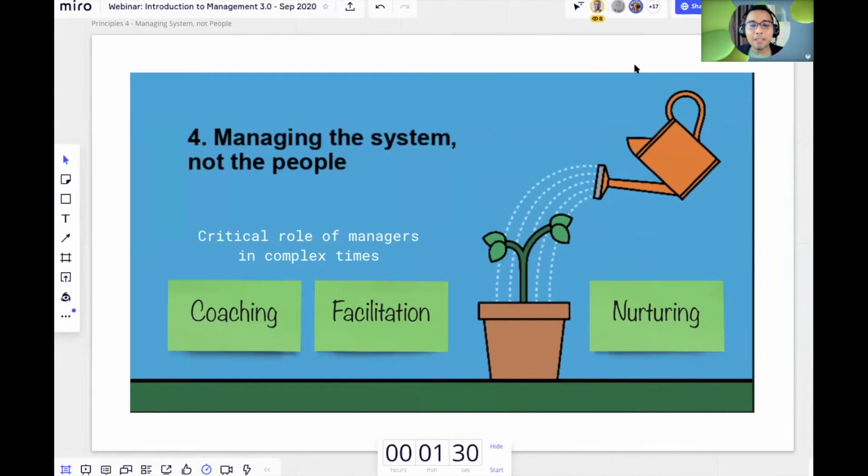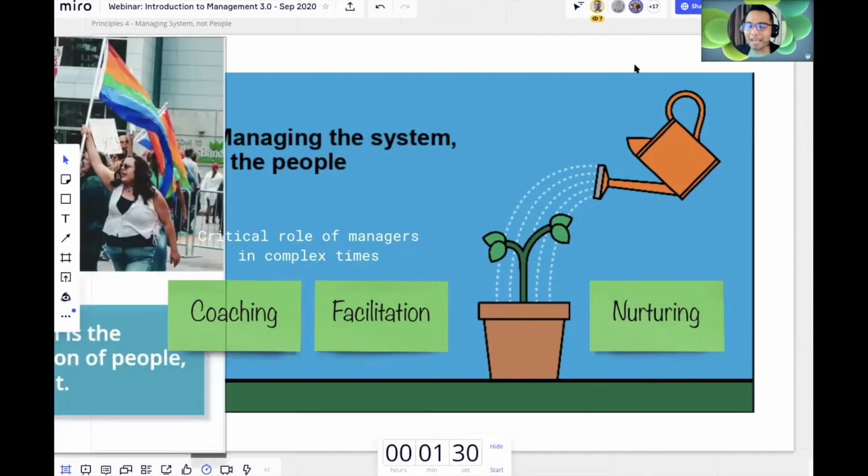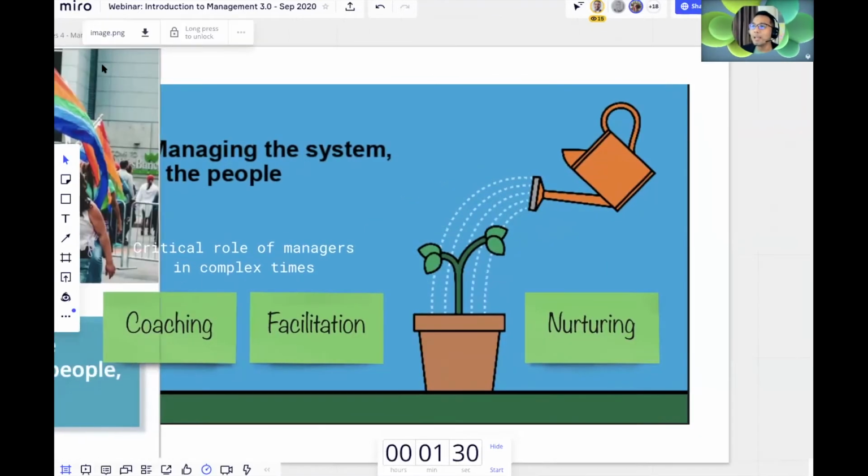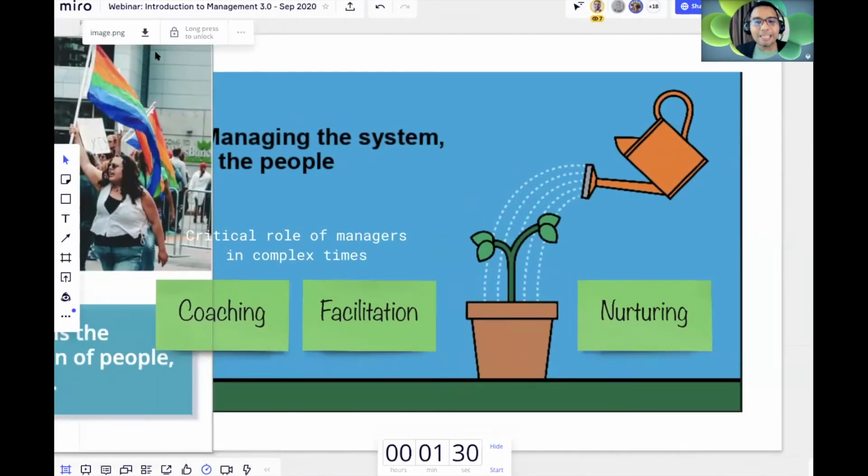There are many younger workers or employees who have a much better skill set than the people at the top. The people at the top are simply unable to do today's work because it is super complex. So the role of managers has to change. It has to be about being a coach, being a facilitator, and how the manager can nurture the environment so that people can excel and do great things.